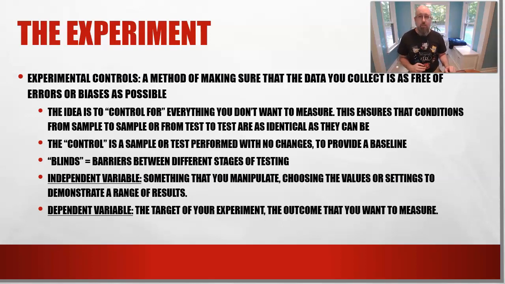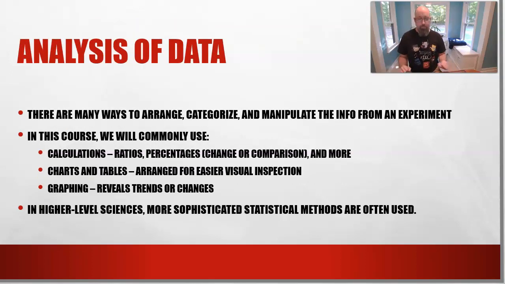And in most cases, that is really impossible without sophisticated, expensive equipment. But we do the best that we can. We certainly don't want to have 4 or 5 things changing during the course of a lab. Then how do we know which one caused which effect, or how much each of those changes is responsible for the outcome that we have? And so that's what experimental controls and the idea of experimental design are about.